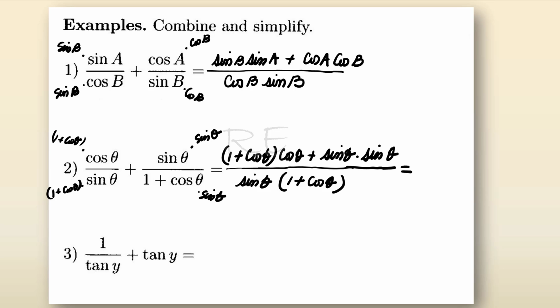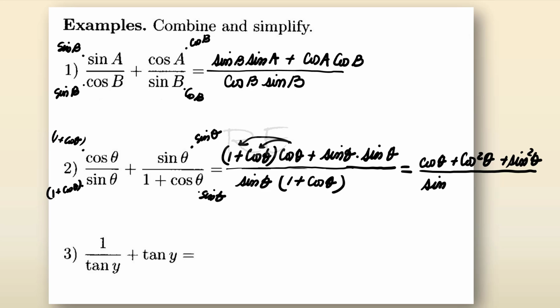So the next step will be to distribute. We distribute cosine theta over 1 plus cosine theta, plus cosine square theta, and then sine theta times sine theta, sine square theta.